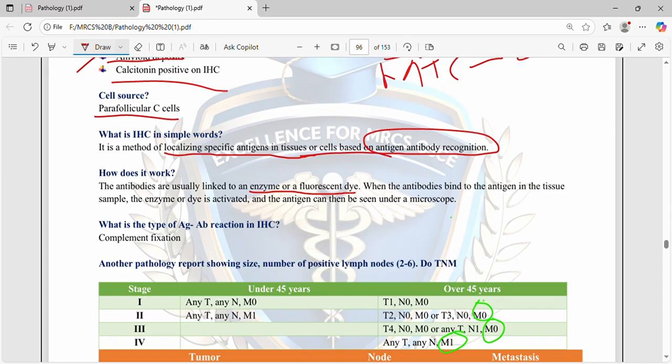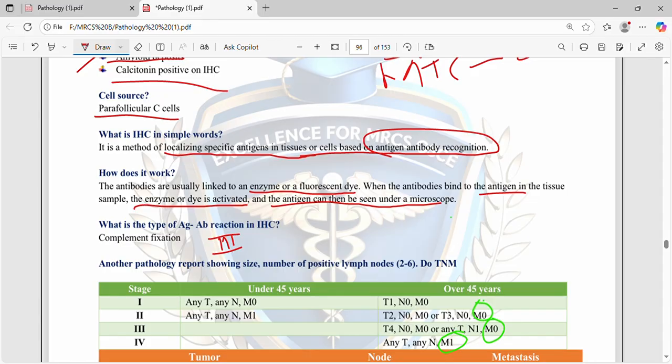When the antibodies bind to the antigen in the tissue sample, the enzyme or dye is activated, and the antigen can then be seen under a microscope. So what is the type of antibody-antigen reaction in immunohistochemistry? It is complement fixation, which is type 3.